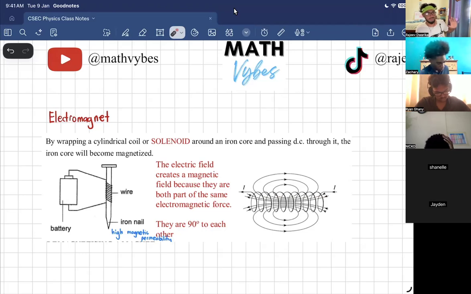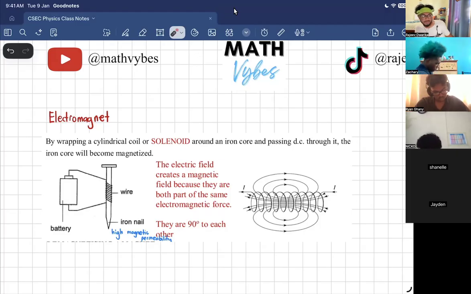No. Cool. That's DC. If you have an alternating power source, like the power source from the outlet, what changes periodically? With AC, what changes periodically? So I'm thinking about volts and stuff.